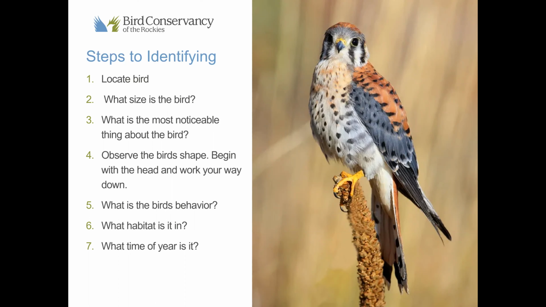Yeah, I see someone's writing in that this bird has a hooked bill, which will help narrow it down to a family. One thing I like to tell people that are learning how to identify birds: we as humans like to abbreviate things, and some people might say this is just a kestrel or just a vulture.